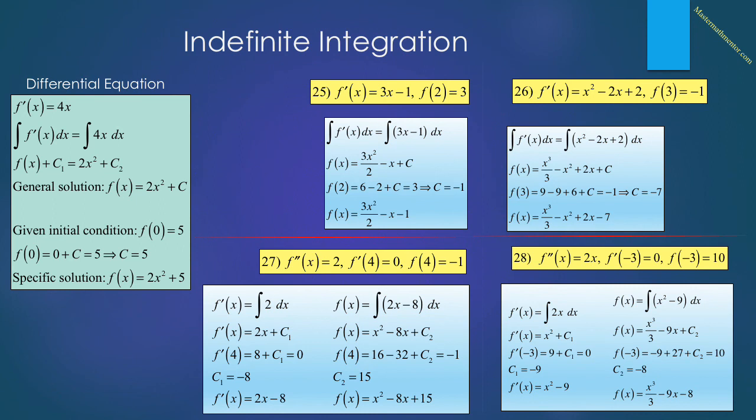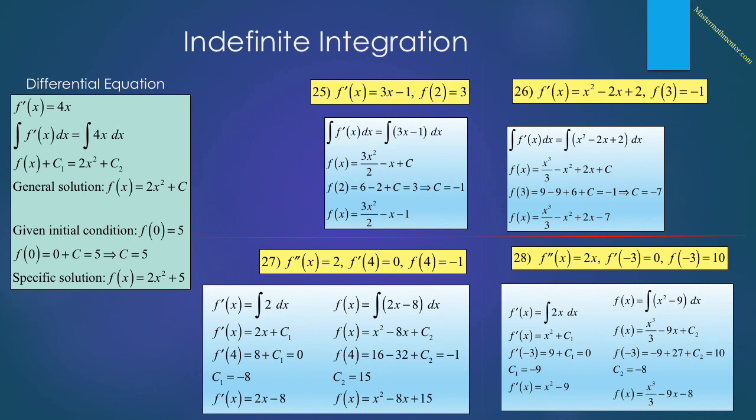Therefore, f of x equals the integral of x squared minus 9 dx, or x cubed over 3 minus 9x plus c2. Now plugging in negative 3, we get f of negative 3 is equal to negative 9 plus 27 plus c2, and that's equal to 10, making c2 equal to negative 8. Therefore, f of x equals x cubed over 3 minus 9x minus 8.